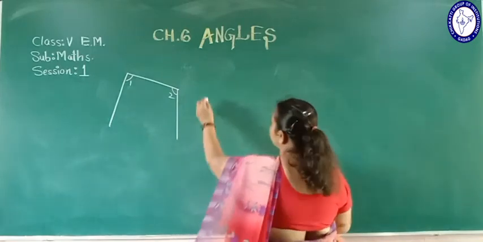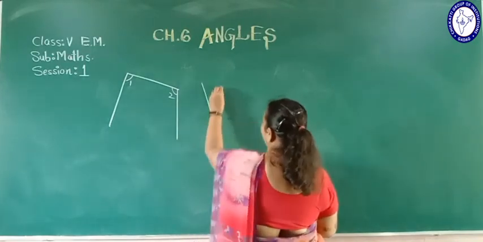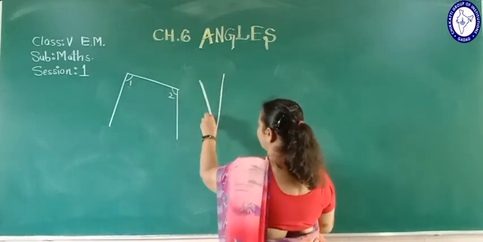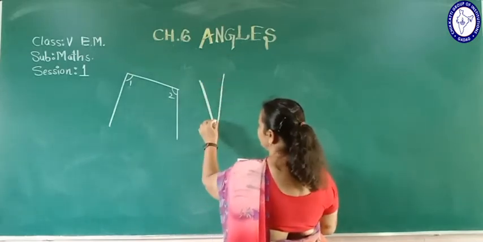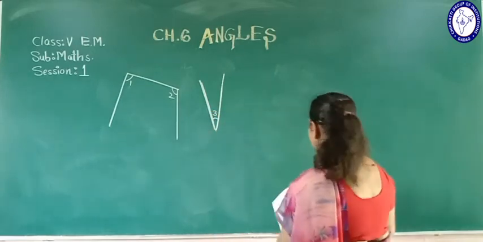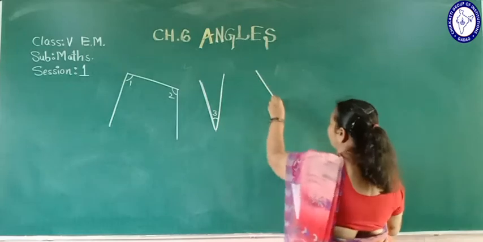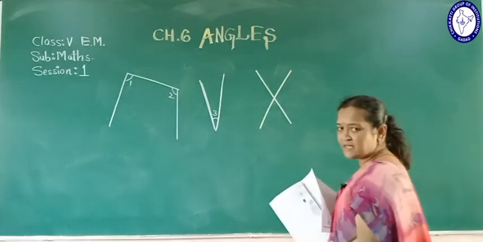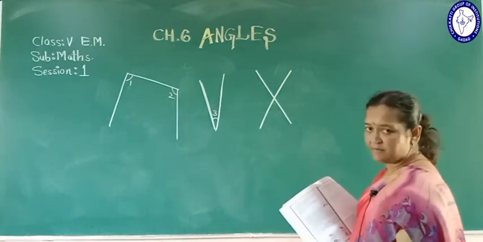Then the second figure. Now this is the diagram. Let me name it angle 3. Then this is the third figure, where we find some angles.